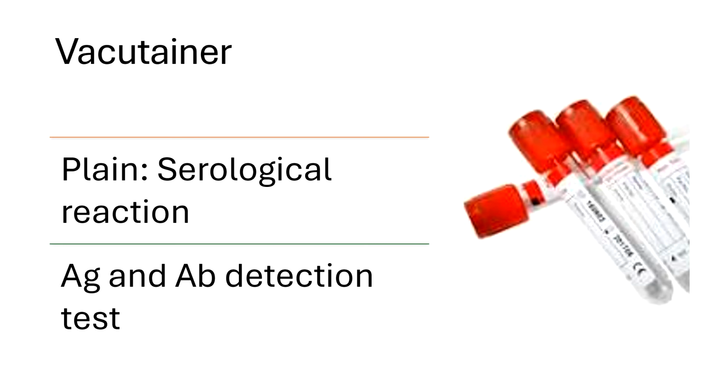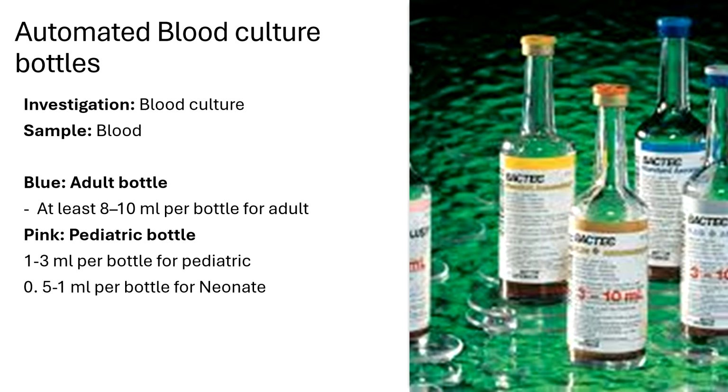Now the most important part: this is a plain container which is used for the collection of blood, but the specimen after coagulation is the serum sample, and the test preferred is antigen or antibody detection. Now these are the automated blood culture bottles.